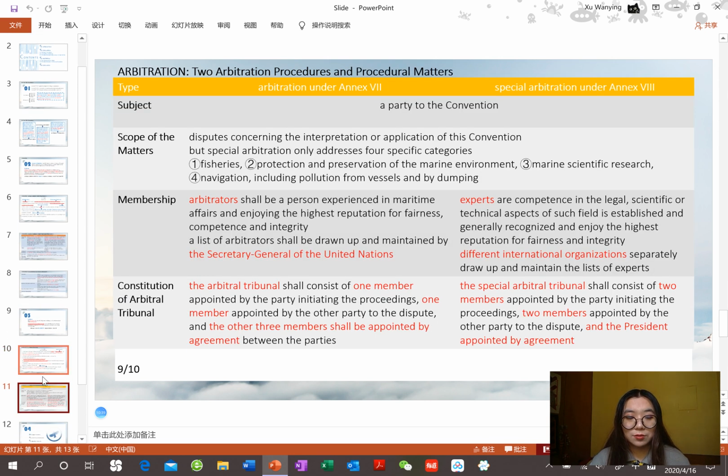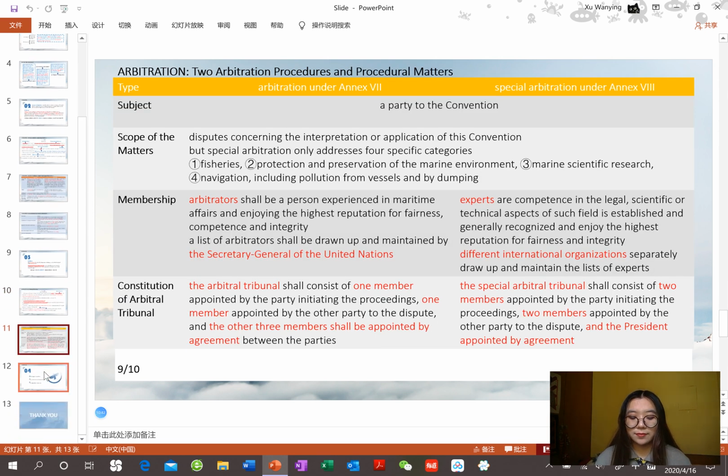Next, the subject and the scope of matters of arbitration procedure should be clearly distinguished. Arbitration procedure relies on the Union Clause, so its subject is naturally a party to the convention. As mentioned above, the arbitration procedure applies to any dispute concerning the interpretation or application of the convention, but the scope of matters of special arbitration is limited.